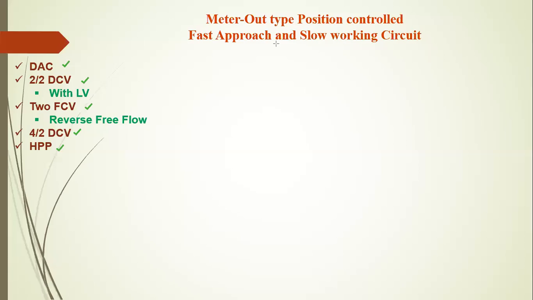Let's start the drawing for the meter out type position control, fast approach and slow working hydraulic circuit. First we draw the HPP. Here I draw the short symbol of the hydraulic power pack: one vertical line and one dark triangle.